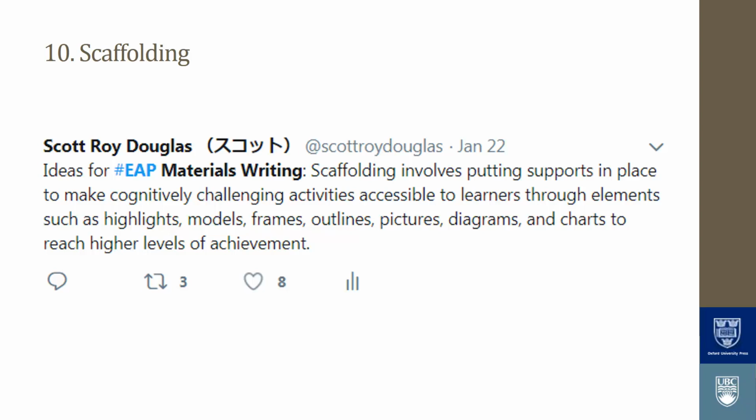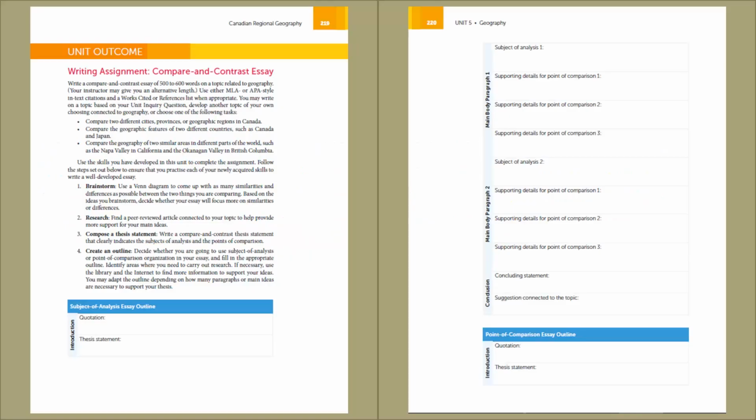Scaffolds lower the cognitive challenge in order for students to better be able to complete the activity. So what are scaffolds? They can be outlines, diagrams, different kinds of charts to help organize thinking. Maybe even scaffolds can be white spaces in a piece of writing or highlighting of key things.